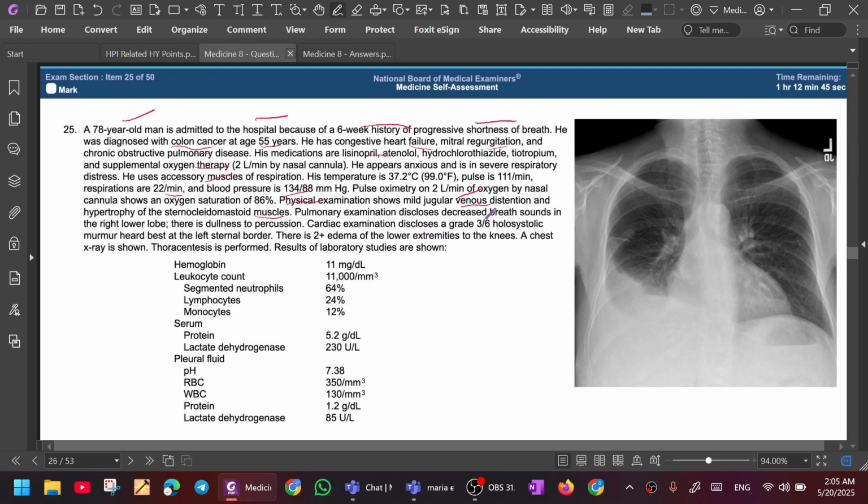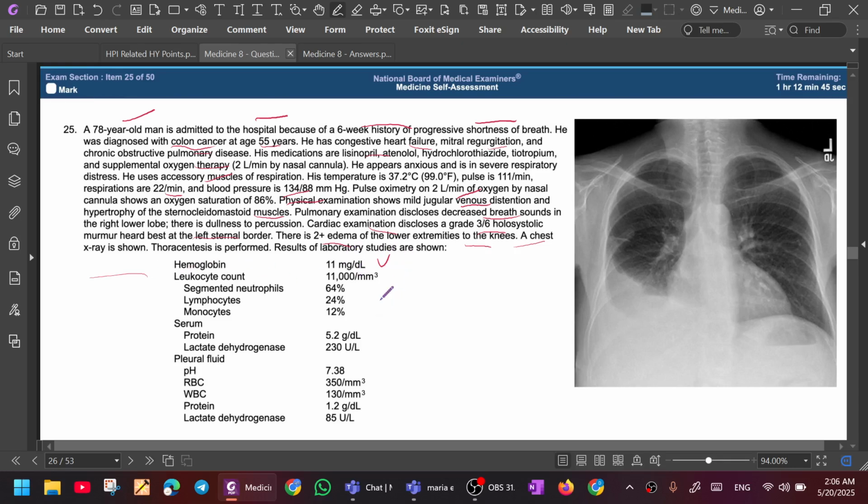Pulmonary examination shows decreased breath sounds in the right lower lobe and dullness to percussion. Cardiac examination shows a discrete 3 by 6 holosystolic murmur at the left sternal border. There is 2 plus edema of the lower extremity to the knee. Chest X-ray is seen.